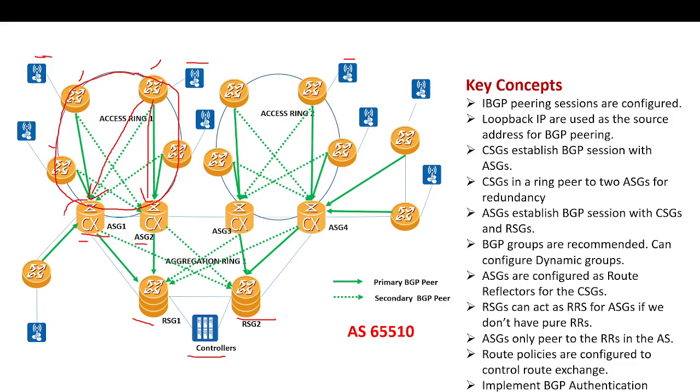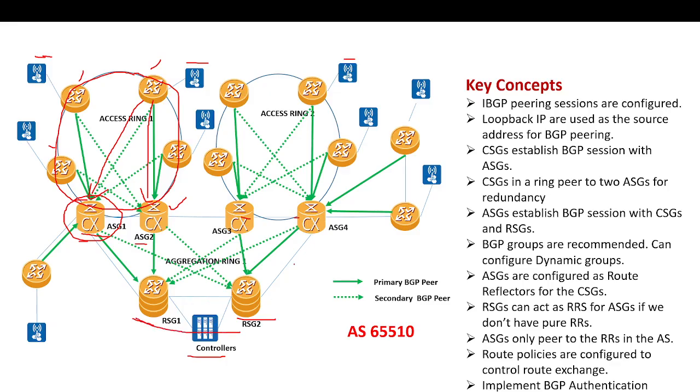So if we were to lose this SG, this SG will continue to function and the network will not experience any downtime. So we will have to deploy two redundant BGP peering sessions from the CSGs to the SGs. And similarly, we'll have to deploy two sessions for the SGs. You know that these SGs are connected in a ring setup with these RSGs.